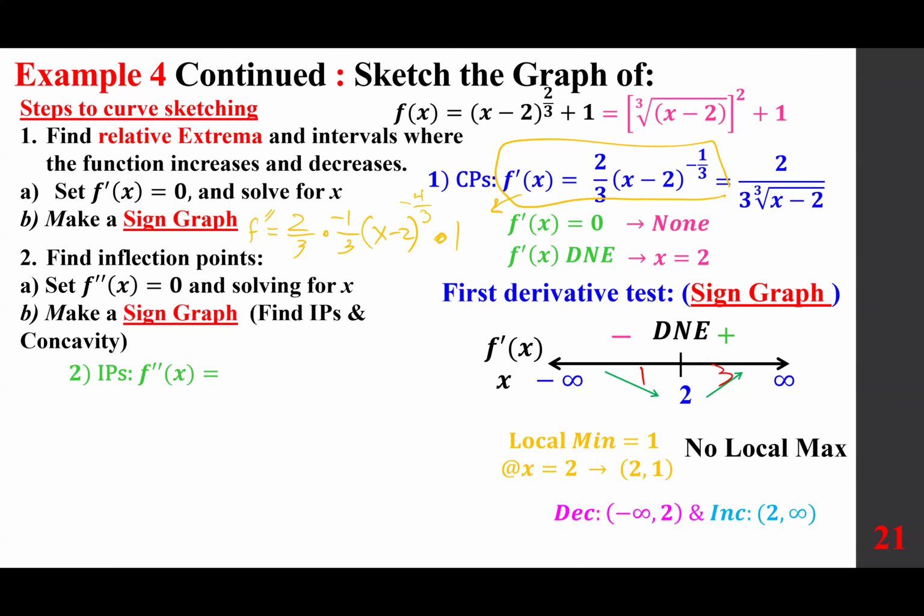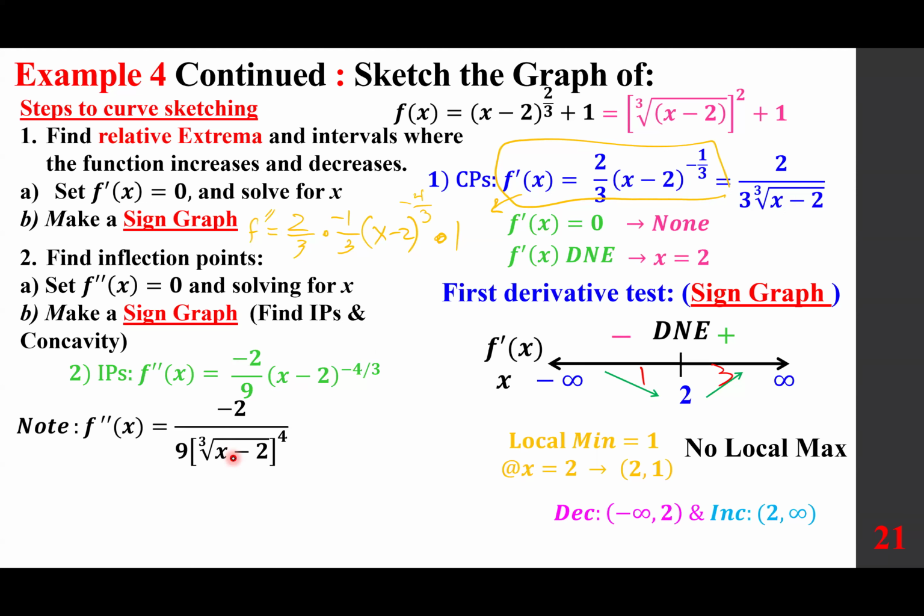The derivative of the inside is 1. So we get negative 2 over 9, x minus 2 to the power of minus 4/3. X minus 2 to the power of negative 4/3 goes down, becomes positive 4/3, or in this format, cube root of x minus 2 to the power of 4.